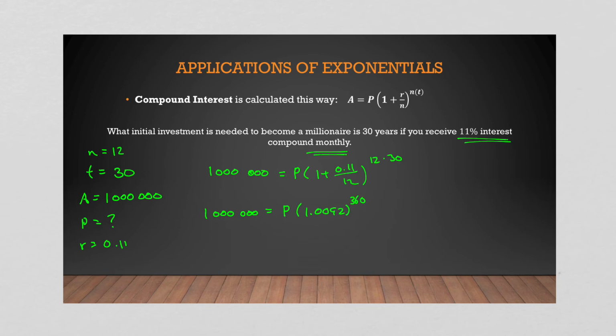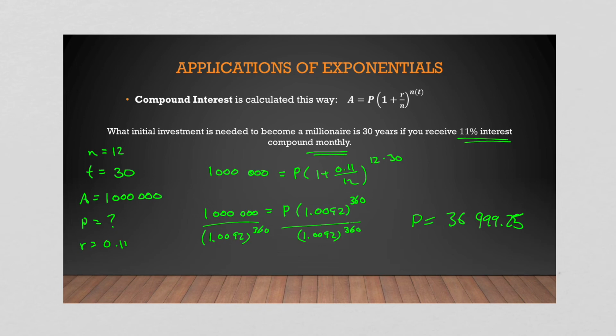Now, I would divide both sides by this and then crunch the calculation at the very end. So you are doing 1,000,000 divided by 1.0092 to the power of 360, and the principal comes out at $36,999.25. So keep that in mind. If you have an additional $37,000 lying around, you're good to go.